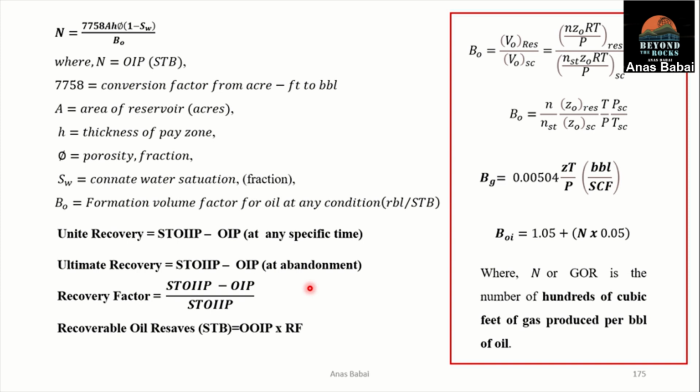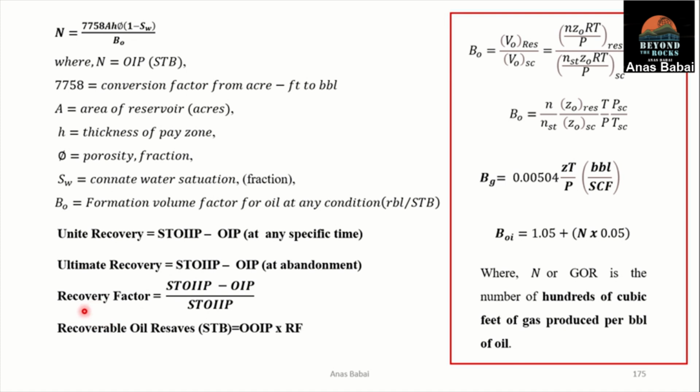So we want to know how much hydrocarbon we can get from this reservoir, and we simply estimate the reserve, the amount of hydrocarbon which we expect is still in the reservoir at the moment of the abandonment, and we subtract it from the initial oil in place, the amount of oil which was estimated at the beginning before the production.